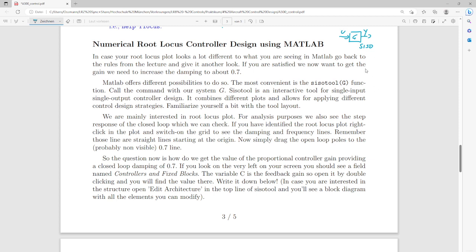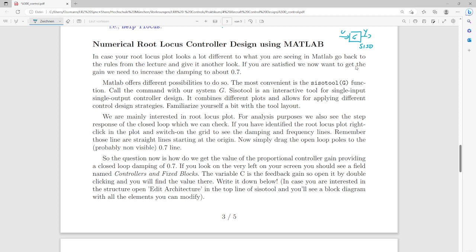The counterpart of SISO would be MIMO, if you have multiple inputs and multiple outputs. For example, two inputs, u1 and u2, and two outputs, y1 and y2. That would be MIMO. So whenever you hear that term, you know what it means.